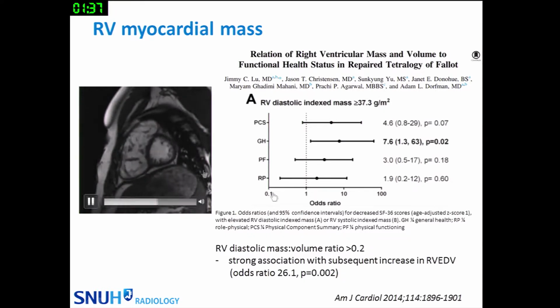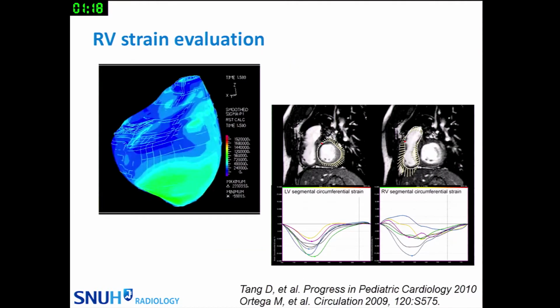In this report, if the LV diastolic mass to volume ratio is more than 0.2, that is strongly associated with a subsequent increase in LVDV. That's quite interesting. So nowadays, ML can be used to also measure the LV myocardial mass, not just the volume.